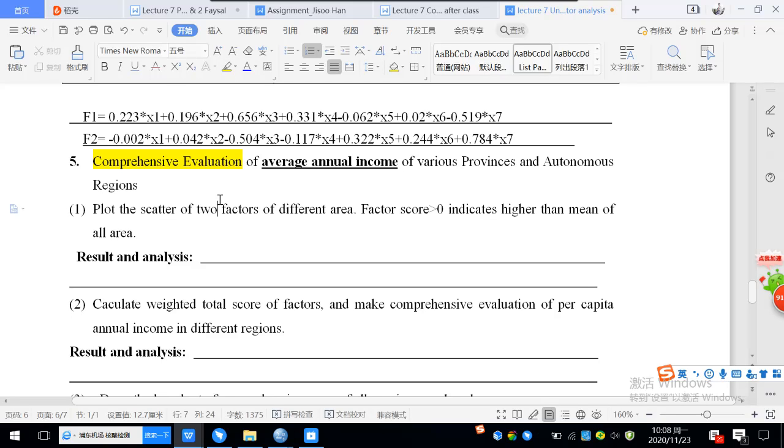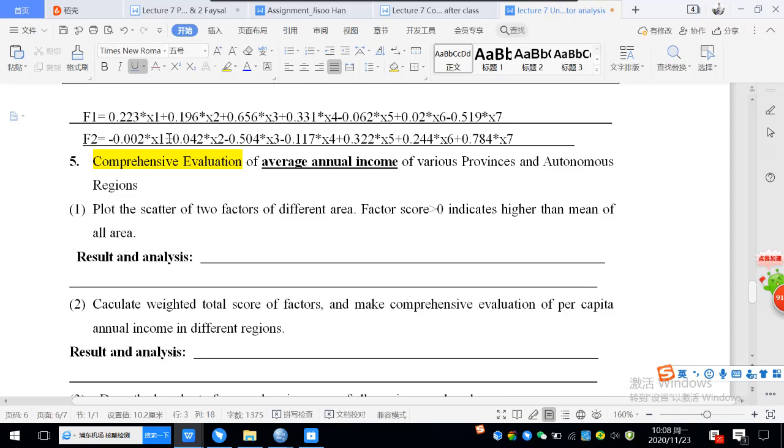Comprehensive evaluate means just use one score. Now F1, F2, we have 2 scores. F1 is the income of the internal investment economic units.